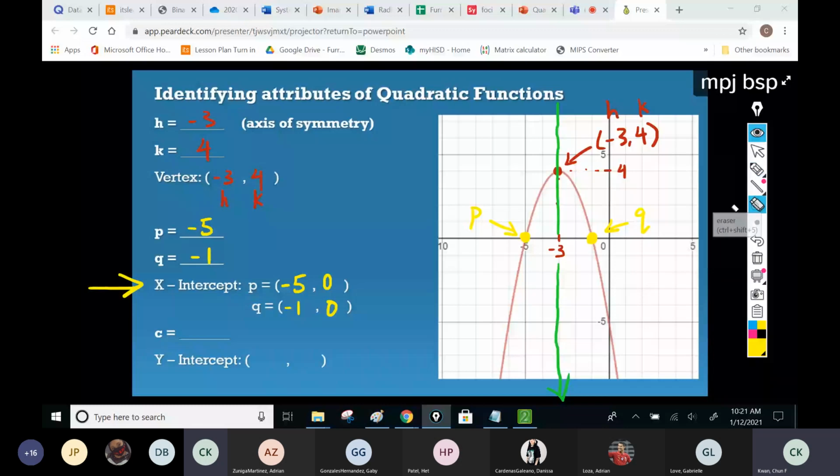And then the last one is the y-intercept right here, where it crosses the y-axis. That means right here. This is the y-intercept. And once again, we have a letter for the y-intercept, just like every other spot.